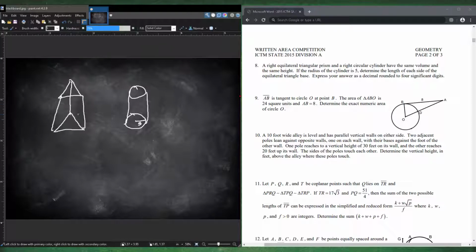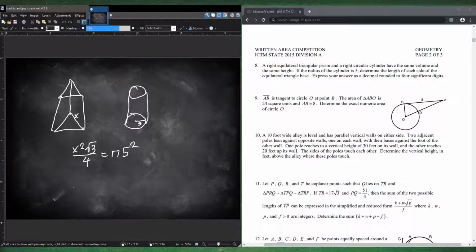Okay, equilateral. So we need to find x. So just the side length. So the area of this one is x squared, square root 3 over 4. That's always the formula to get the area of an equilateral triangle. Just memorize it because it's really useful. And that's equal to your area of the circle, which is pi radius squared. So pi times the radius, which is 5 squared. So now we need to just get x.